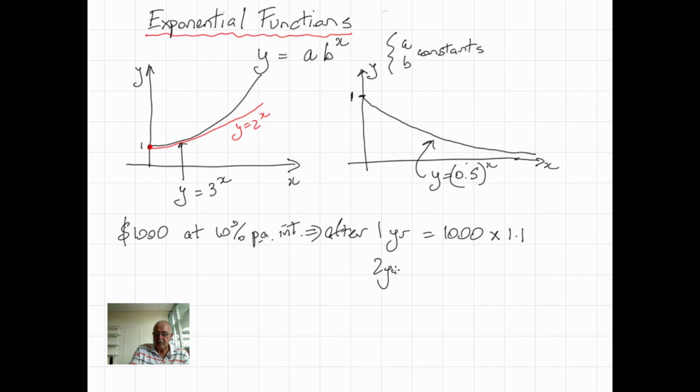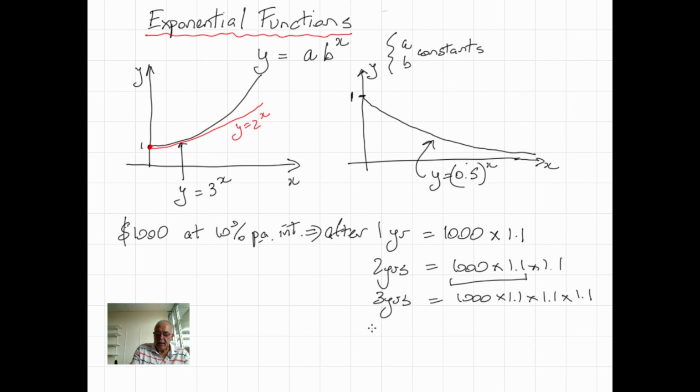After 2 years, you would have 1,000 times 1.1 times 1.1, because this is how much you'd have after the first year, and then you would multiply that by 1.1 to find out how much you'd have after 2 years. 3 years, be 1,000 times 1.1 times 1.1, so that would be after 2 years times another 1.1.